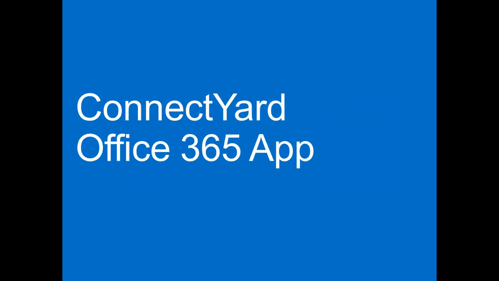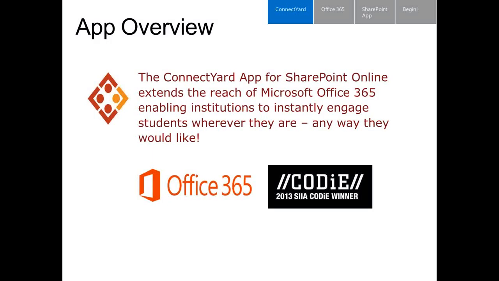So the new ConnectYard app for Office 365 effectively allows you to extend the current communications capabilities within SharePoint. You can initiate messages from within SharePoint and reach your users, which could be staff, faculty, or students, on basically their favorite mobile and social spaces.